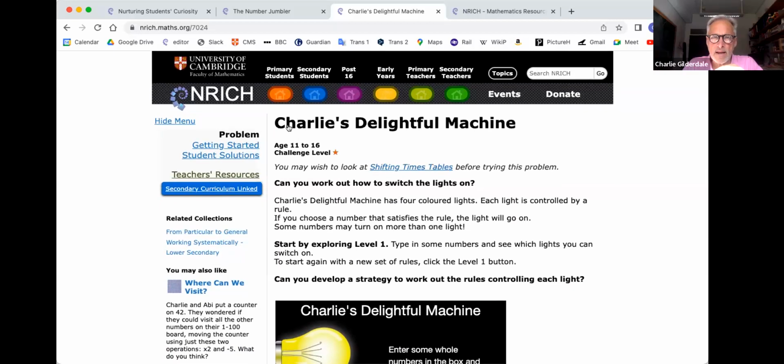When we wrote this, it was for secondary age students, but it's interesting that you wrote Lots of Lollies for primary age students. And actually some of the thinking can be carried out by both primary and secondary students, and the two together offer a chance to develop very similar thinking. Absolutely.